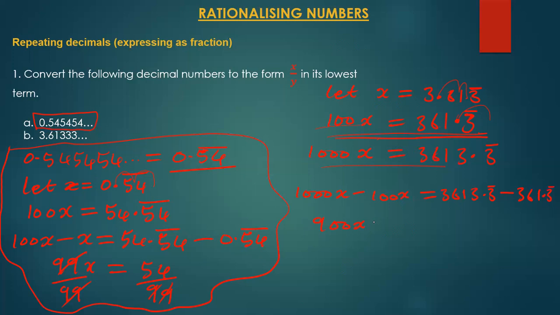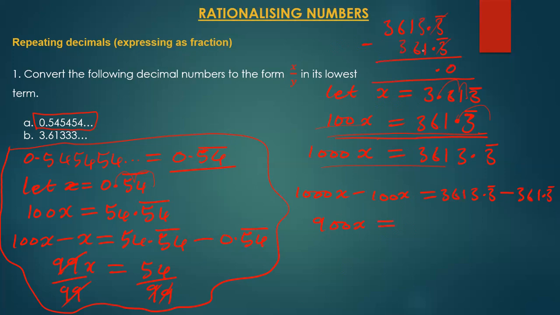Then from there, we also have this other side. If we do the subtraction, let me write it here. We have 3613.3 bar minus 361.3 bar. When we subtract here, this 3 bar minus this 3 bar, we're getting a 0 there.